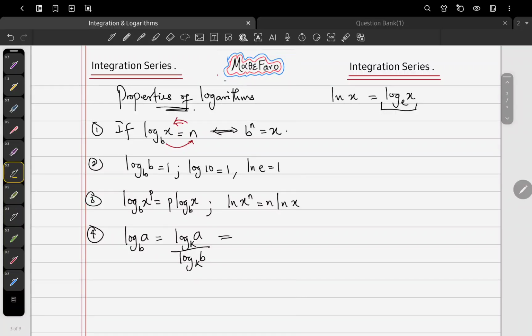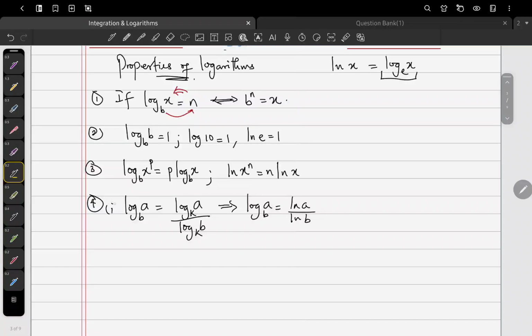And as such, it means that we can write the logarithm of a base b as the natural log of a over the natural log of b. And if the new base was equal to a in this case, we would see that the logarithm of a base b is the same thing as 1 over the logarithm of b base a.